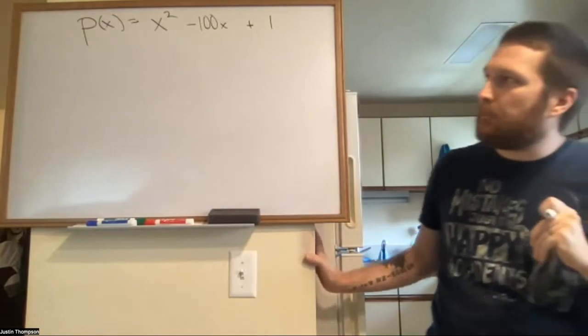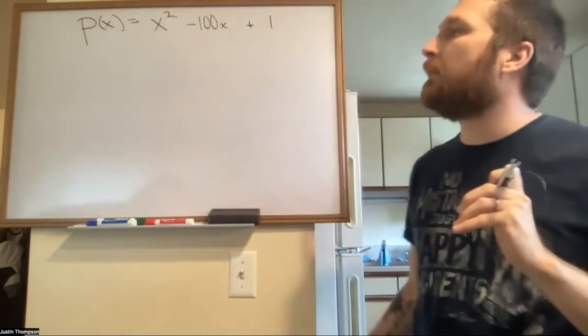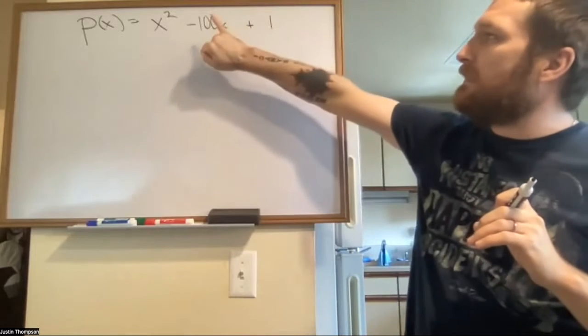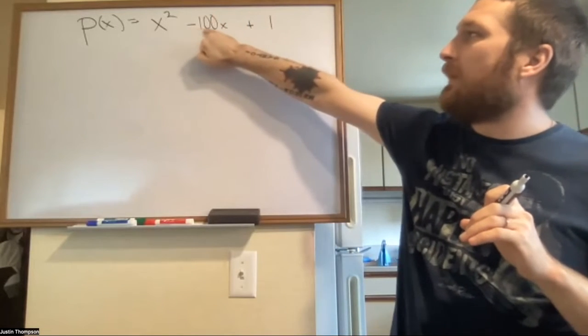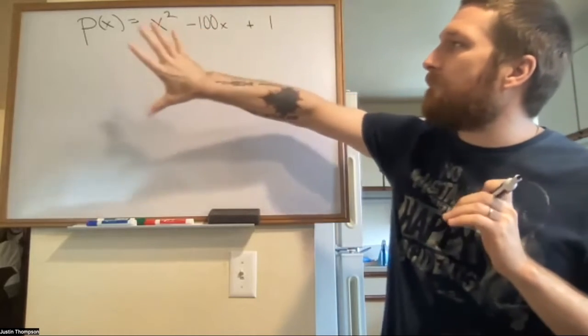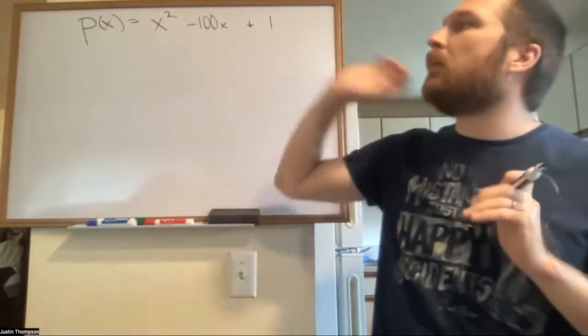Now, something to notice here is that this is a very big number, this 100 out in front of that x. When we start, we're going to plug in a bunch of numbers.